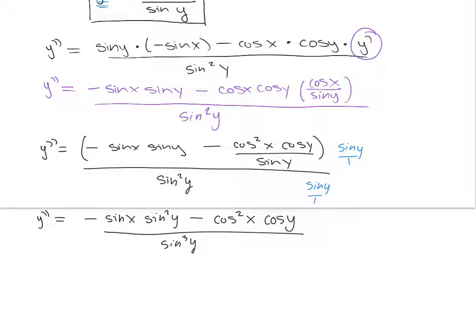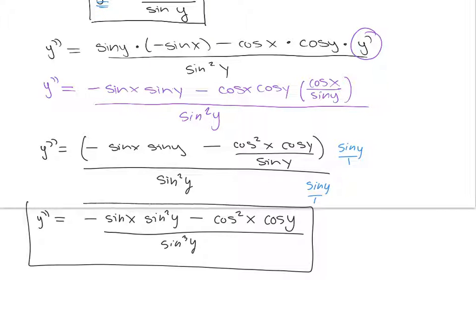Do you buy that? Okay, and is there a greatest common factor in the numerator? Not really. It doesn't simplify, that's it. Okay, we're done. You could take the negative out if you wanted to, but whatever.